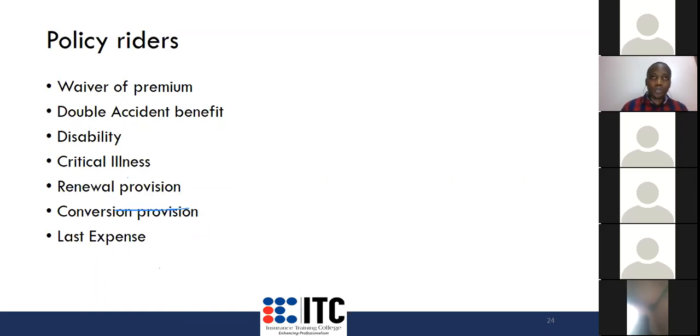This could be a stray bullet from, say, a police officer, a rock falling from somewhere, a house crashing. You yourself have not intended to kill yourself and you are not sick, so it was an accident. If that occurs, number one, because of death, there's a payout. And then there's an extra payout equivalent to the sum assured that has been paid out on death as a result of an accident. And that's why we call it a double accident benefit. I hope that is clear enough.